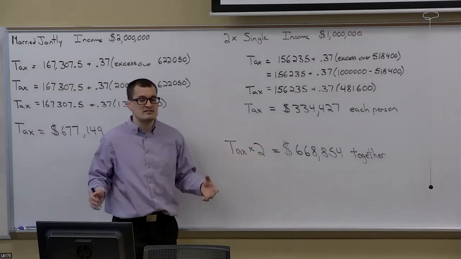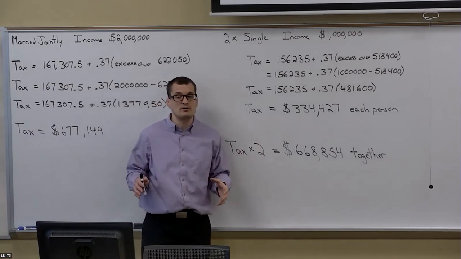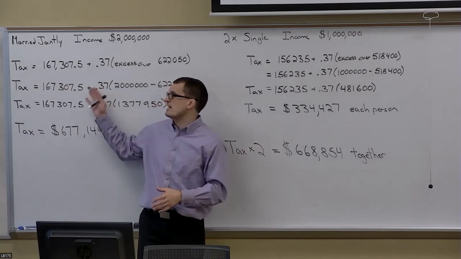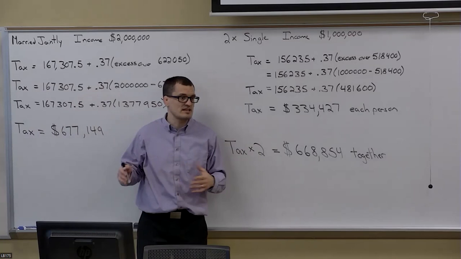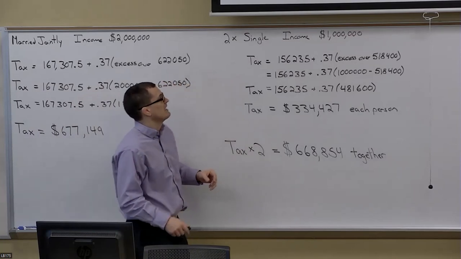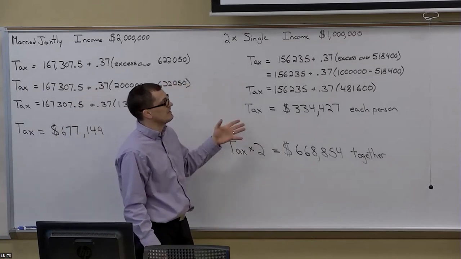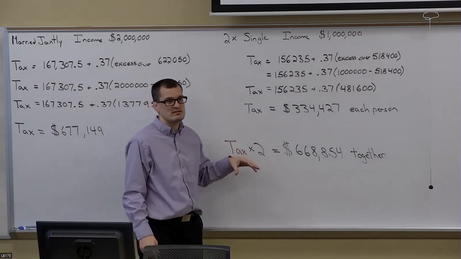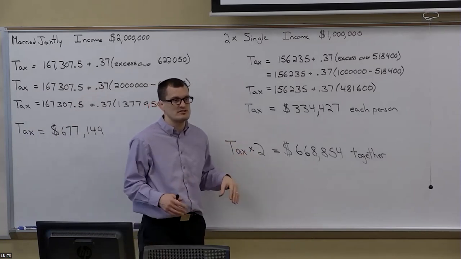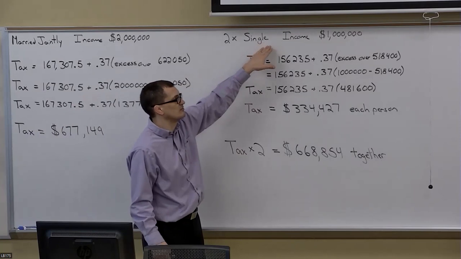Now, it's not always that way. There are some people who are actually going to benefit from being married in the tax calculation. If one person makes 2 million and the other person makes 0, then that's a different calculation. Here, I said, let's assume both people make 1 million.